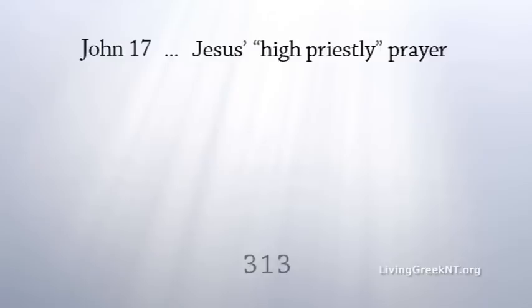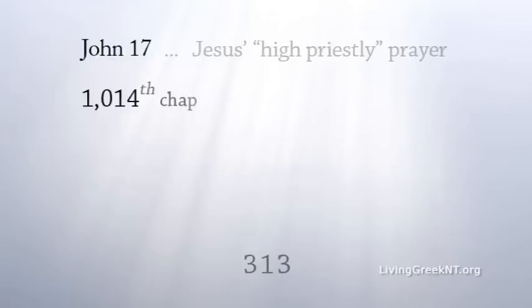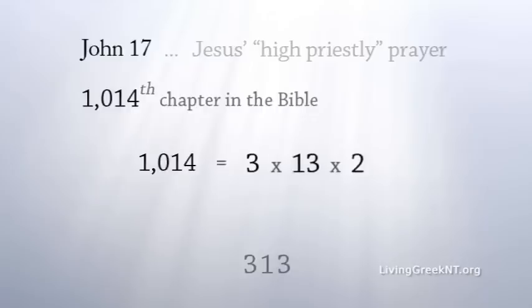John 17 is a key chapter, and John 17 is the 1014th chapter in the Bible. 1014 is 3 times 13 times 26. 313. John 17 is in this order in the Bible for a reason. It's part of the mathematical structure.